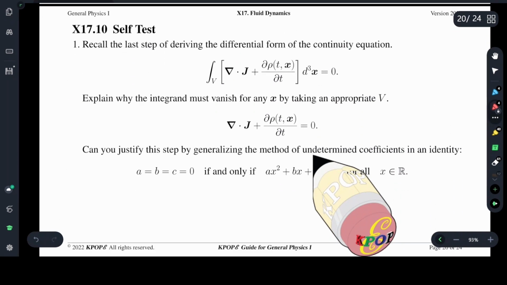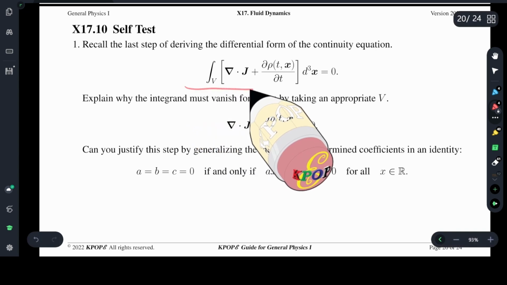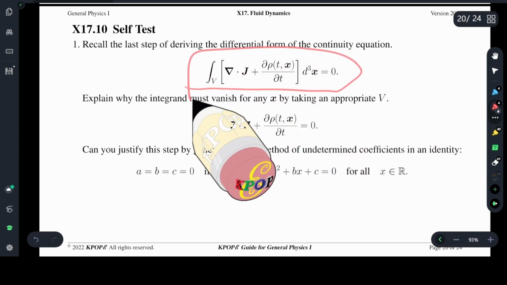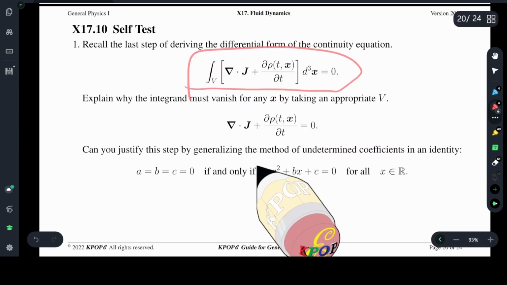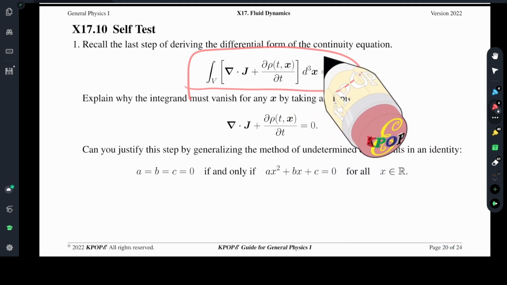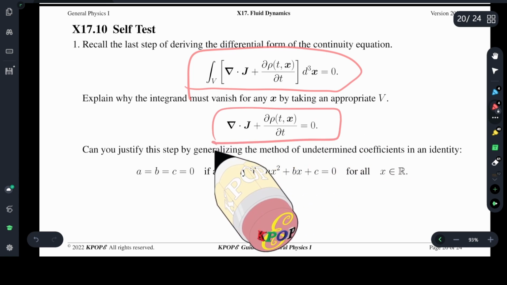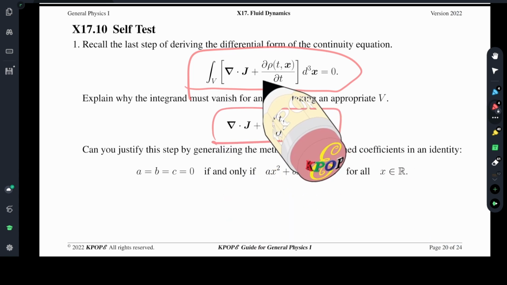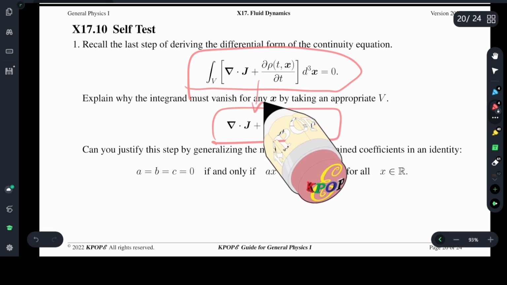We can make use of the continuity equation. When we derive the continuity equation, we quickly obtain this is 0. Why don't you carefully think about why it was possible?